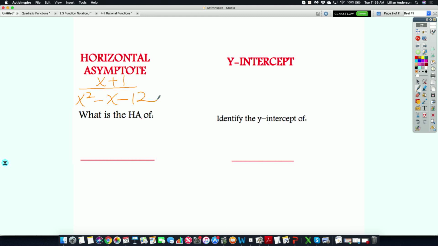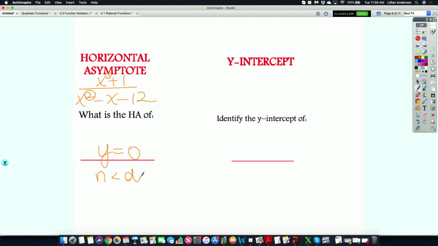If I look at the exponent, the degree, what's the degree of the numerator? 1. What's the degree of the denominator? 2. So y is 0. Very good. Y is equal to 0 because the numerator is smaller than the denominator. That's it. Y is equal to 0. Very good.